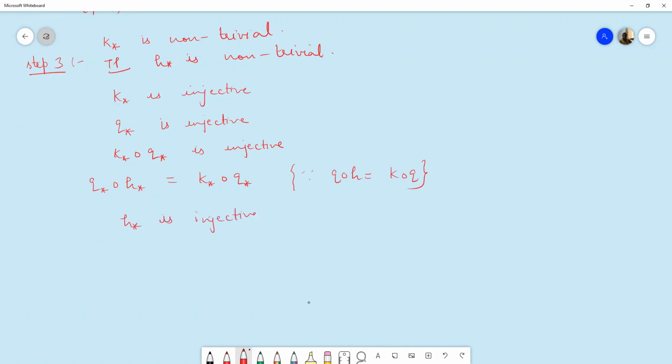If H star is injective, then H star cannot be trivial. So it is non-trivial. So if H star is non-trivial, then H is not null homotopic, which completes the proof.